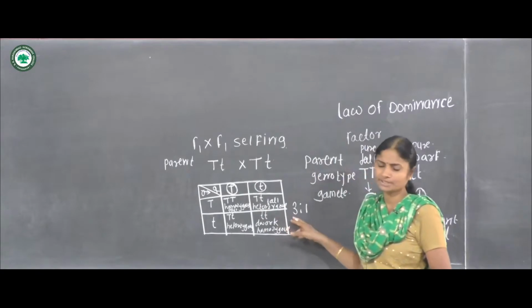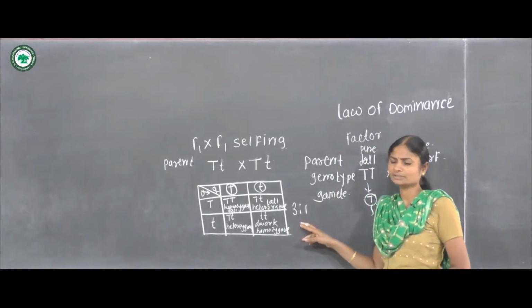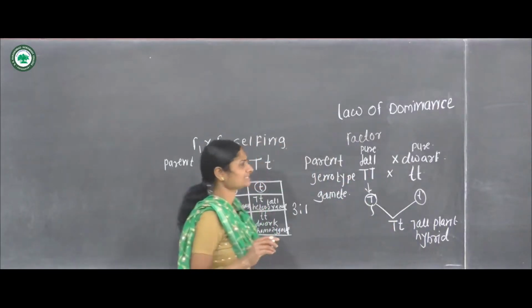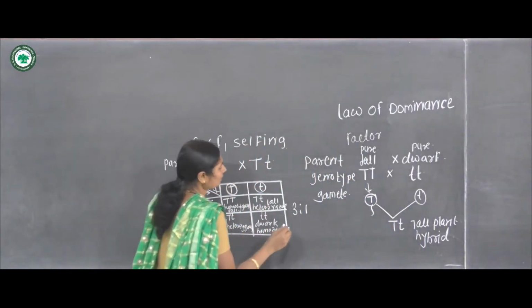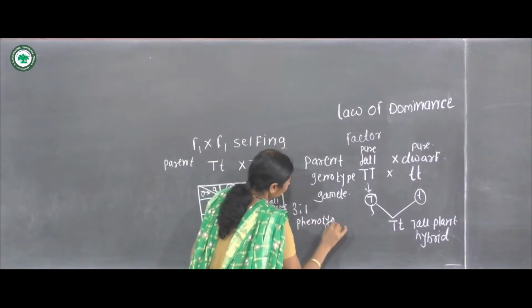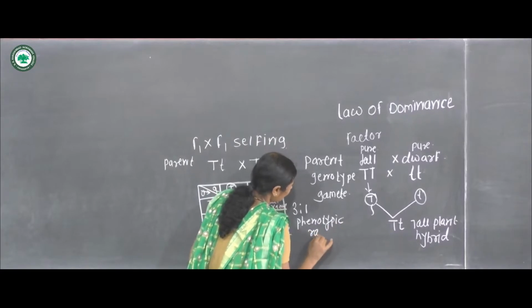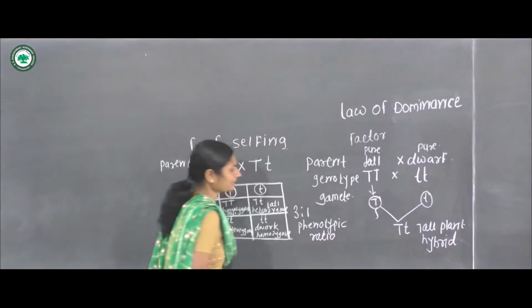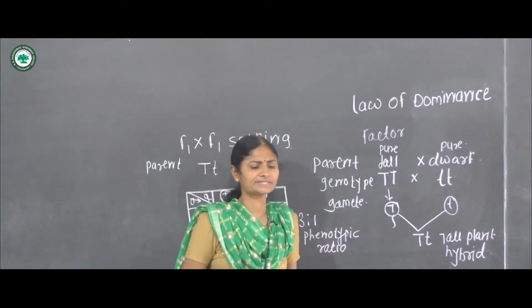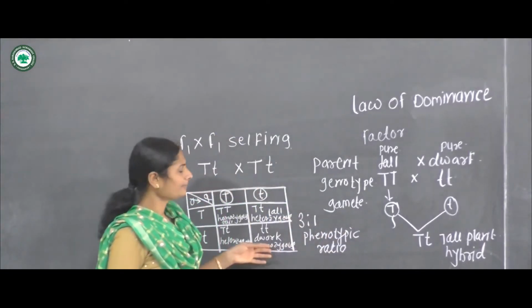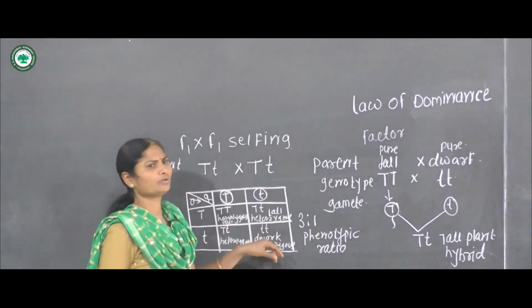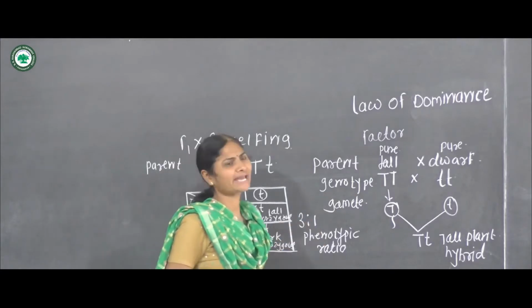This 3:1 ratio is called the phenotypic ratio. When we observe physical appearance, three plants are tall and one is dwarf, so the ratio is 3:1.